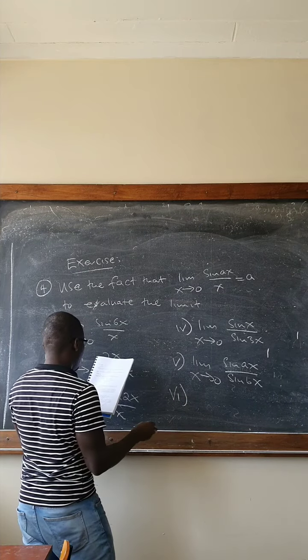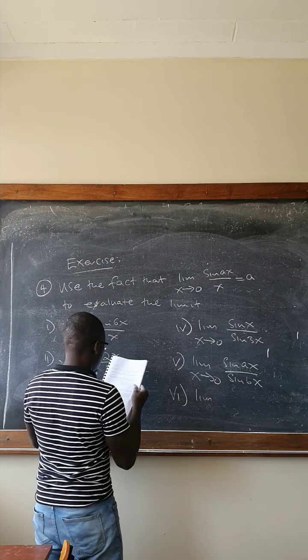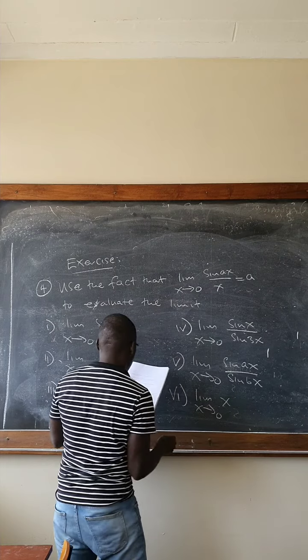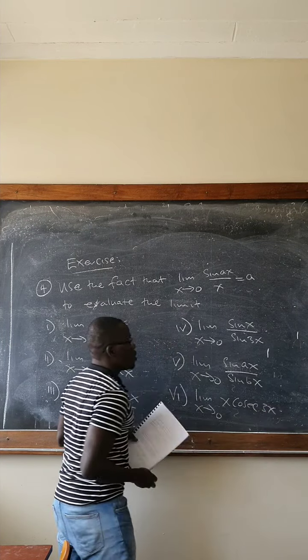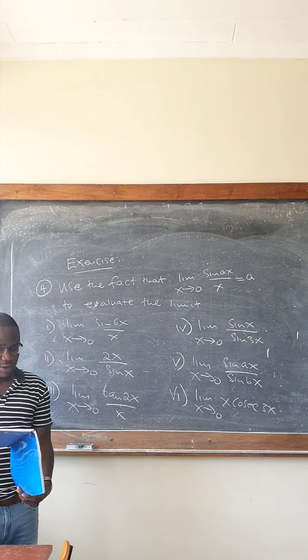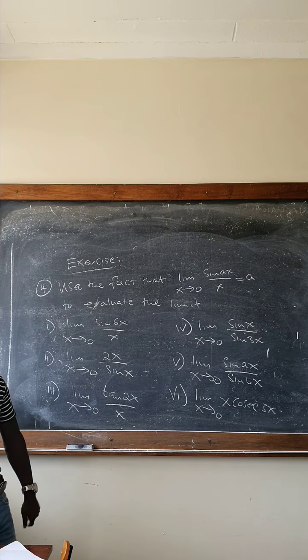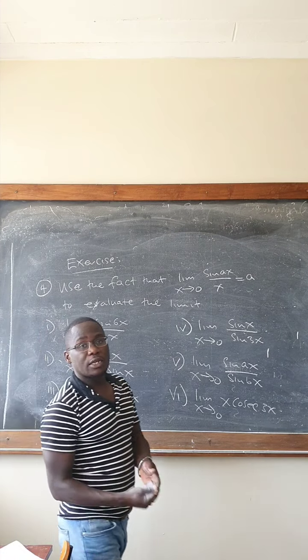And 6 is the limit as x goes to 0 of x cosec 3x. You guys can try out this, and then we shall continue from here tomorrow.